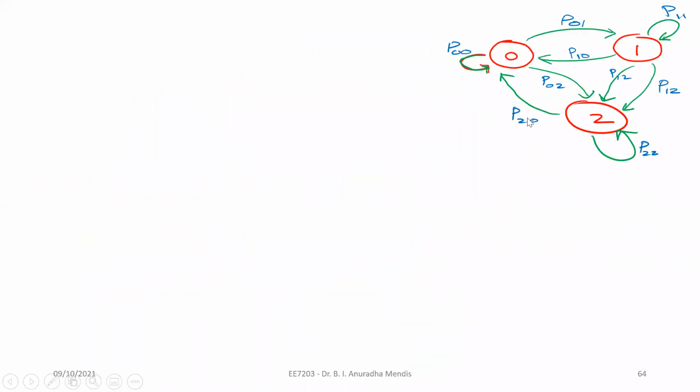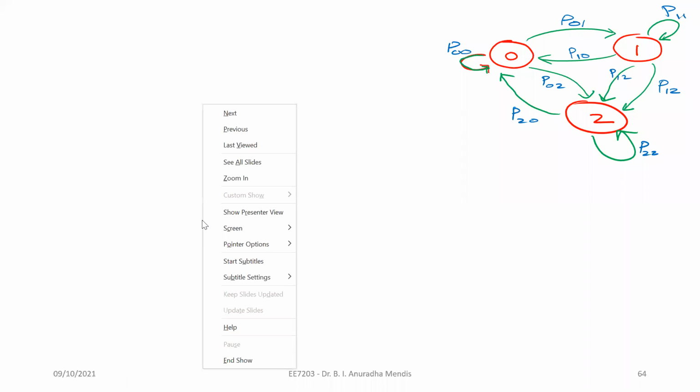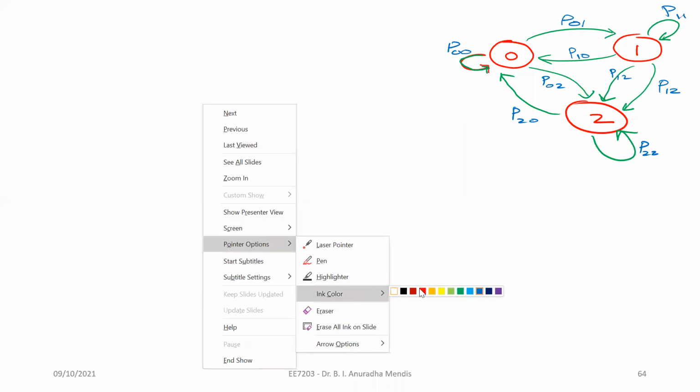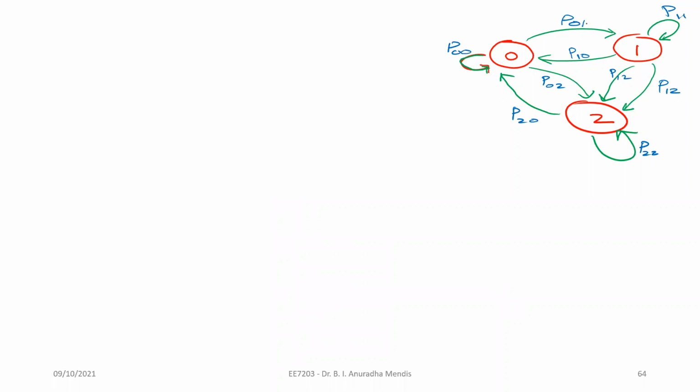Now, what are the state probabilities of the 3 states at the steady state condition? At the steady state condition, we want to find the state probabilities. Let's say at this state, the state probability is phi 0. And this state probability we denote as phi 1.